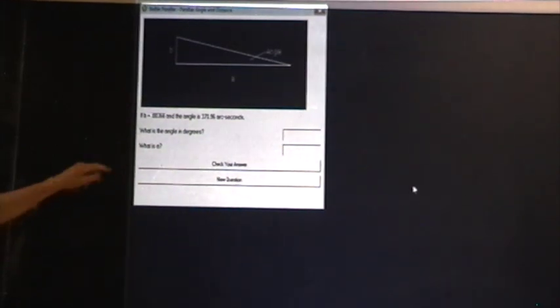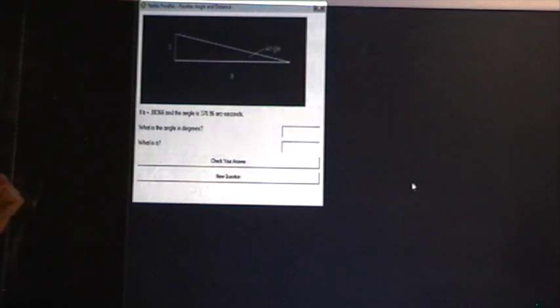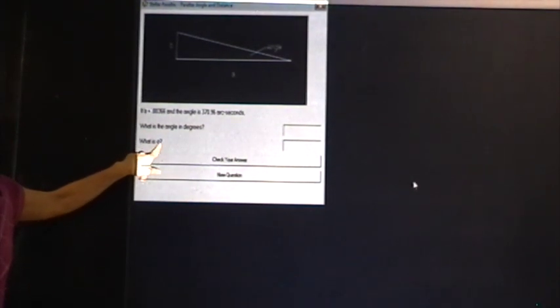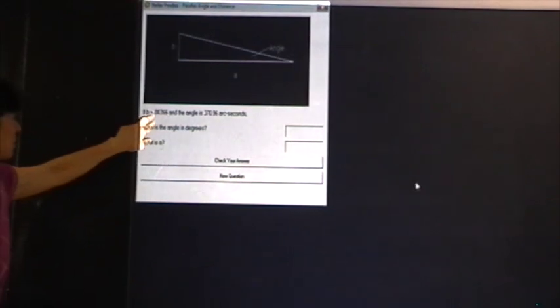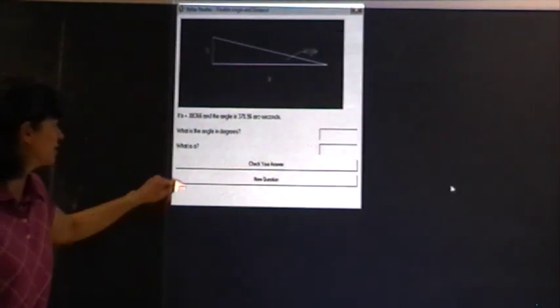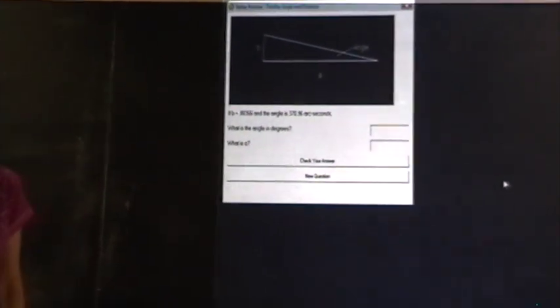And that conversion factor is available for you in your lab manual. Once you have the angle in degrees, you can then use that angle in the equation that I just showed you before to find the value for this side A. You're given the value of the short side B, you're given the value of the angle, which you have to convert to degrees, and then you can use that to find the value for A.